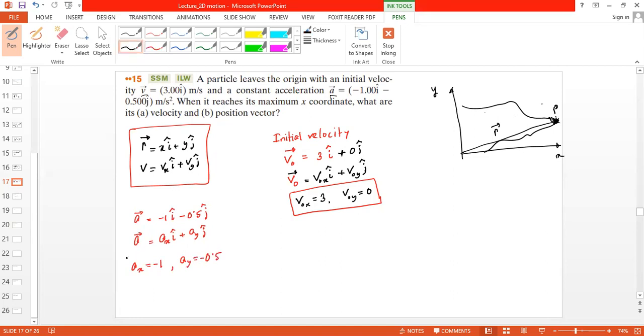It will be clear now. So this is the information. Now what I want to know is the velocity and radius vector at this point. এটুকু তো গেল, এখন আমি ম্যাথটা করব. Now we'll do the math.